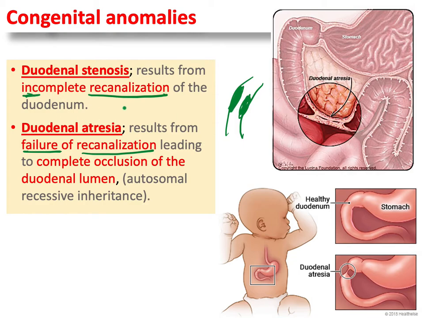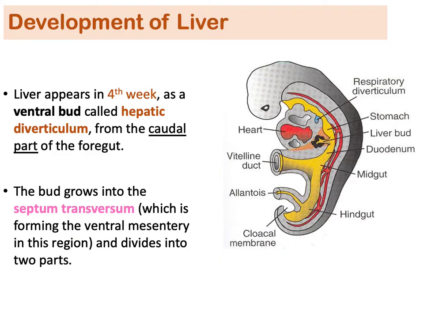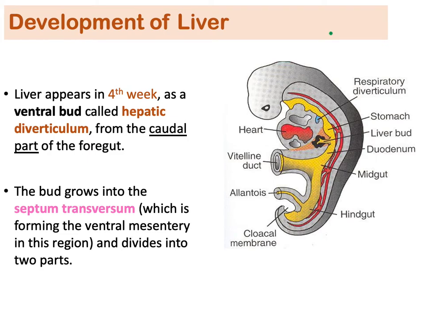There is a recanalization, but it's incomplete. But if there is complete failure of recanalization, you will get duodenal atresia. Duodenal atresia means complete obstruction, which is autosomal recessive inheritance, right?